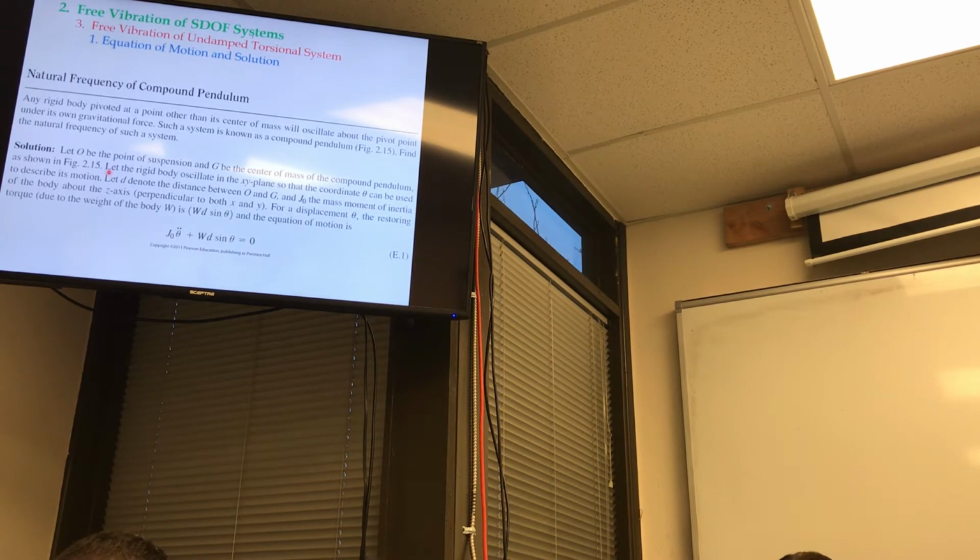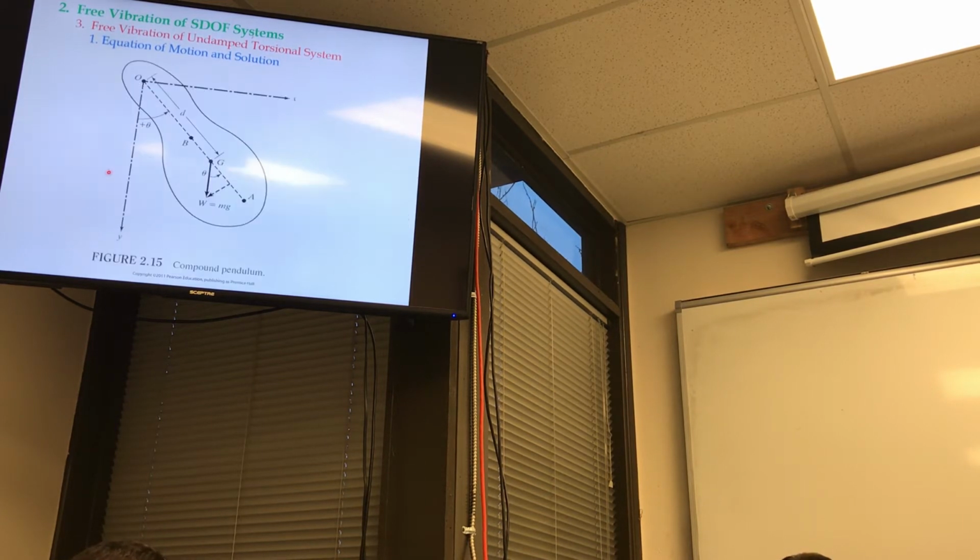If you look at this schematic, what is the fixed point of rotation?